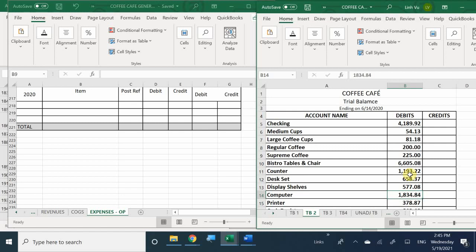Did you do 29 or 92? Or 49? 42. Because I said 42 in the very beginning. Which one are you on? At the very top of the bank. Your checking account. Checking is 41,89 and 92 cents. So by 13, 81, 18, 200, 225.25.